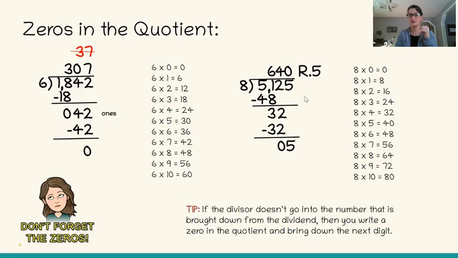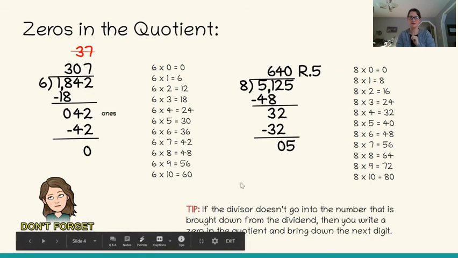So what we're left with here becomes the remainder. For question 3, the 0 was in the tens place. So we said, oh, we can't do 4 tens divided by 6. So we're going to put a 0 in the tens place, and we're just going to bring down the next digit, and we're going to work in the ones. Okay? And then it became 42 ones. So that's the second tip for the day.